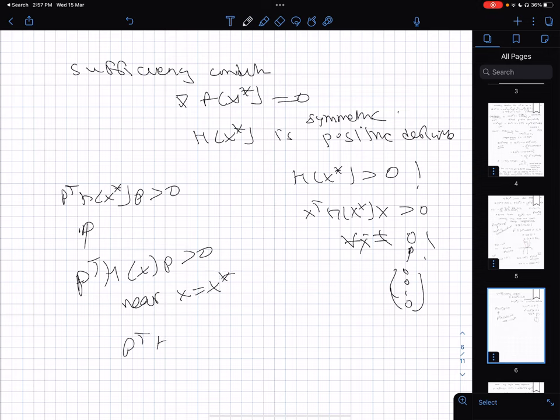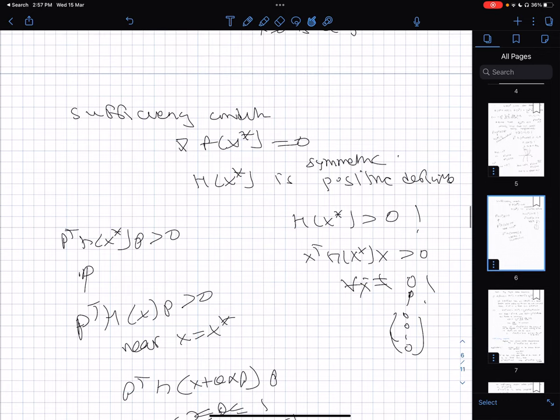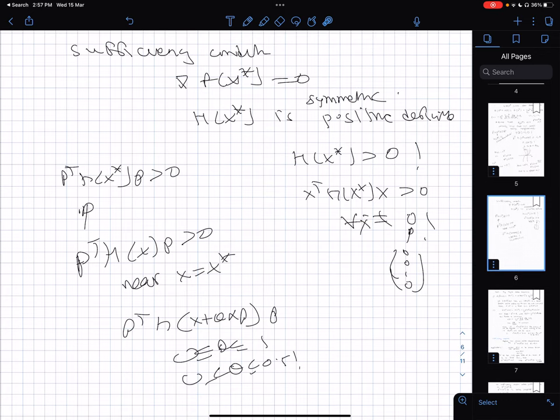So if I consider theta small enough, theta already I know is between 0 and 1, but I could say, for example, theta between 0 and 0.5 or whatever, in that small enough vicinity this term will always be greater than 0, and therefore the function will always increase in that small enough neighborhood, which guarantees that x star is a local minimum.